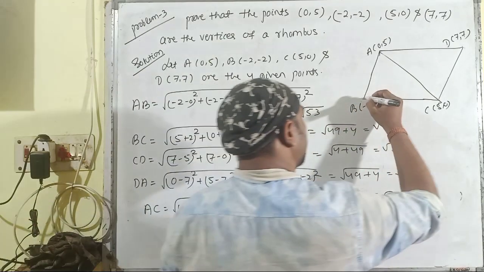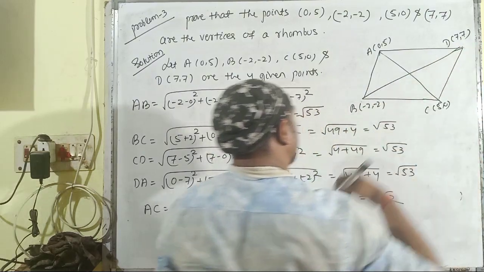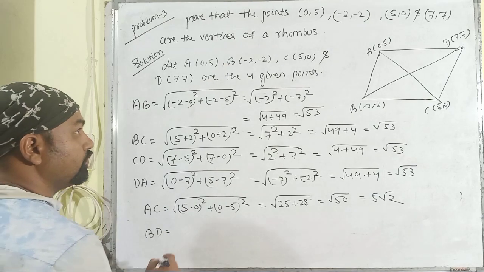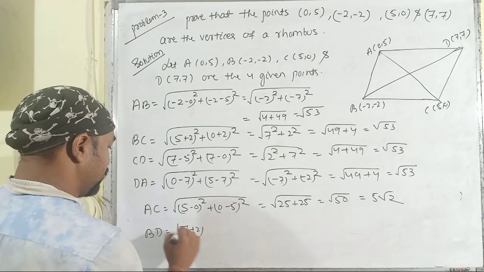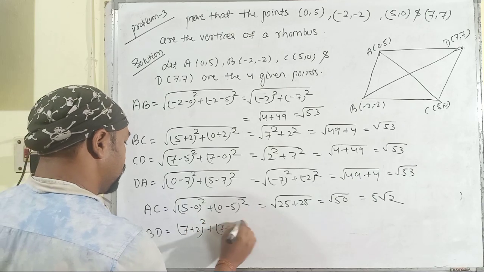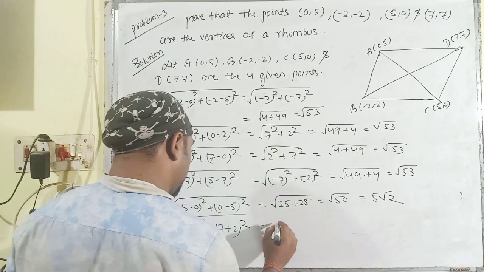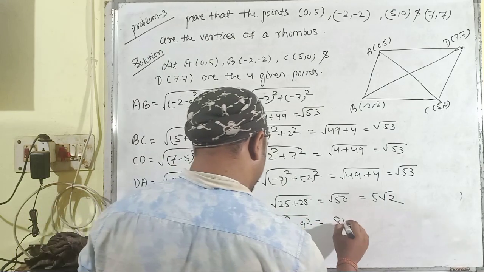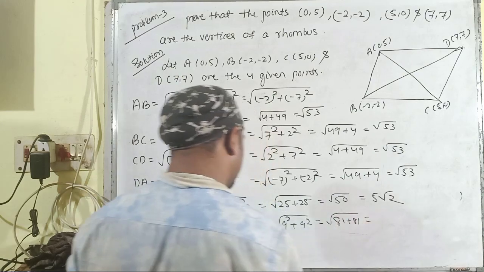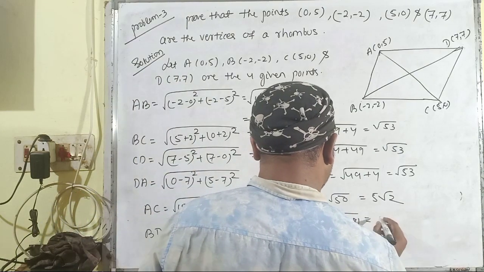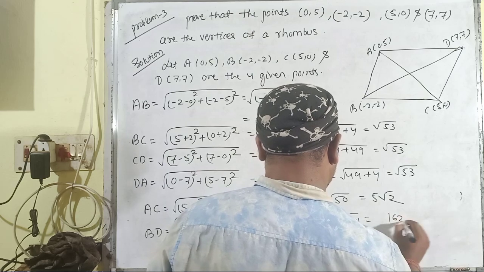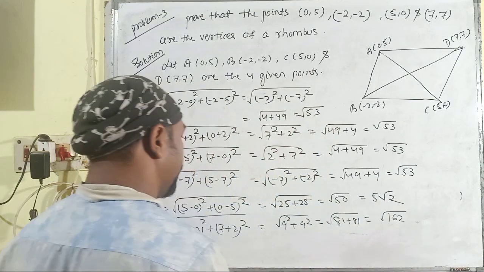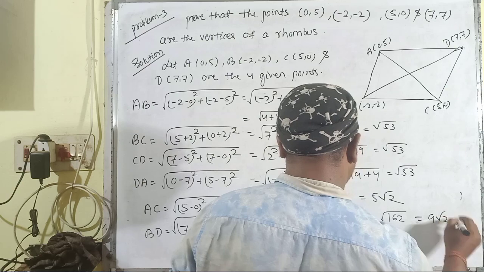Then we have to find out the length of the second diagonal BD here, which is not equal to 5 root 2 because it is equal to 9 root 2.